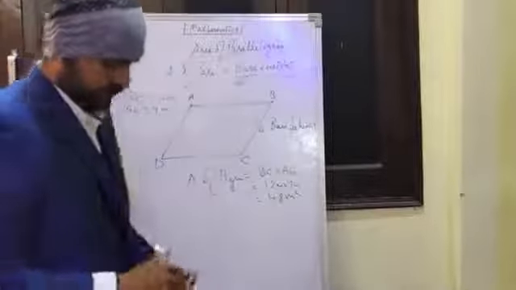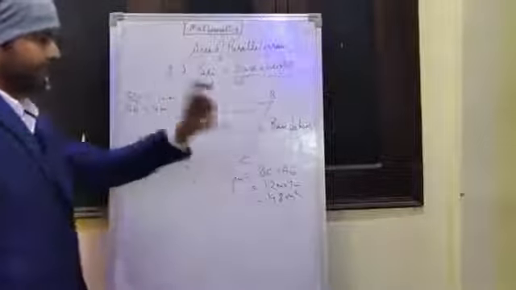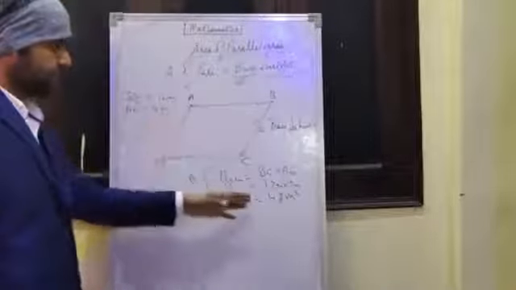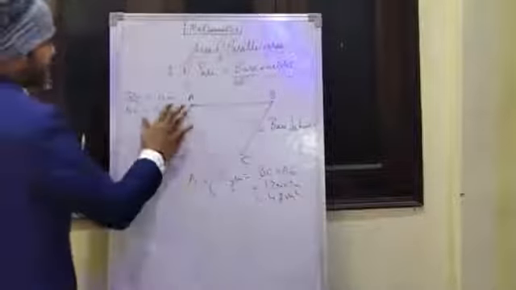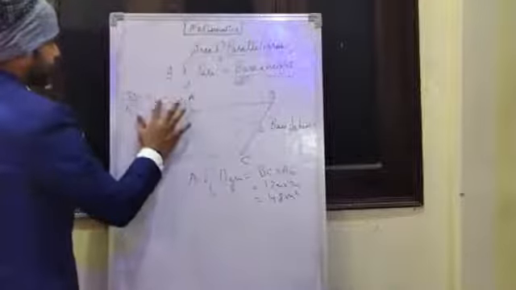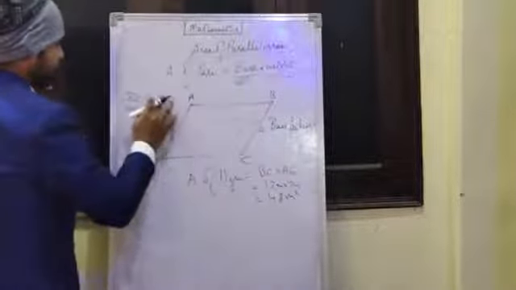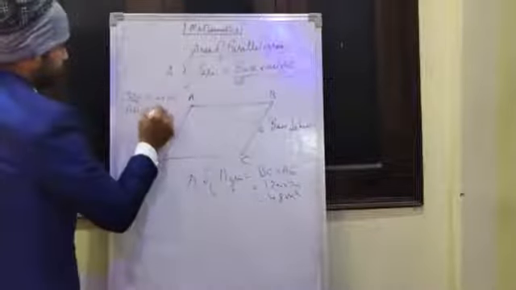But whenever you are going to do this type of variations, the area should come the same. The earlier was how much? 50. So now it should also be 50. So it depends on the values here. BC can be 25 and height can be 2.